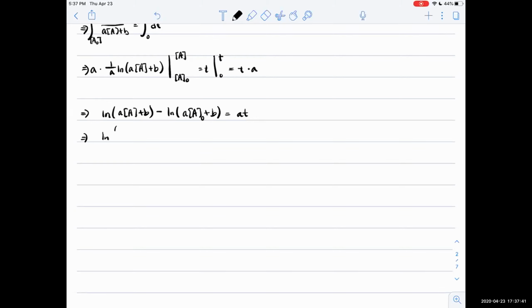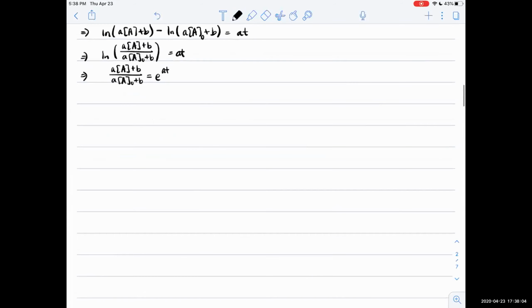So basically, ln of (a[A] plus b) over (a[A] initial plus b) is equal to at. Then I will get rid of this natural log, so the right term is going to be e to the at power.